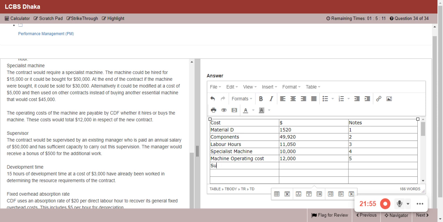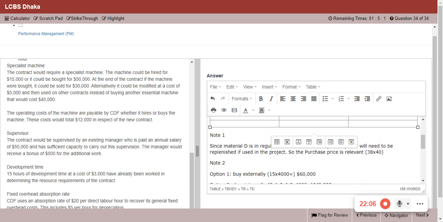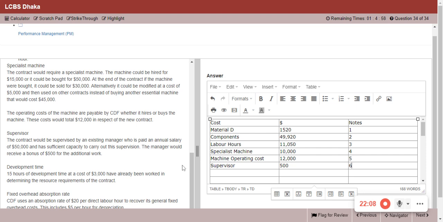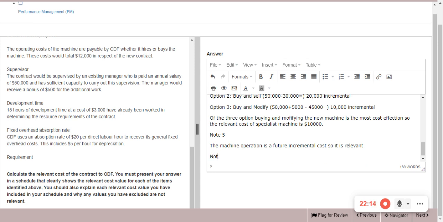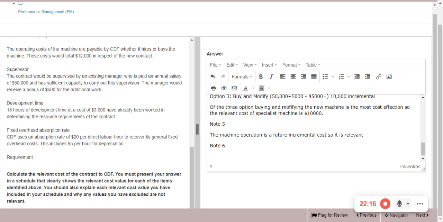So this $500 is going to be incremental, and his salary is not incremental because we are going to pay it anyway. That is why I put note 6. The annual salary of the supervisor is a committed cost and is not relevant.